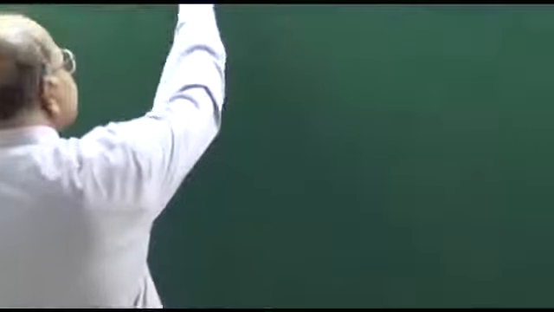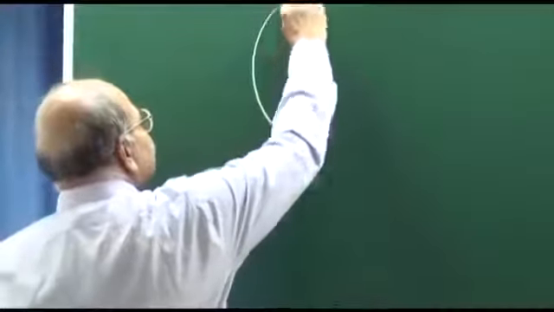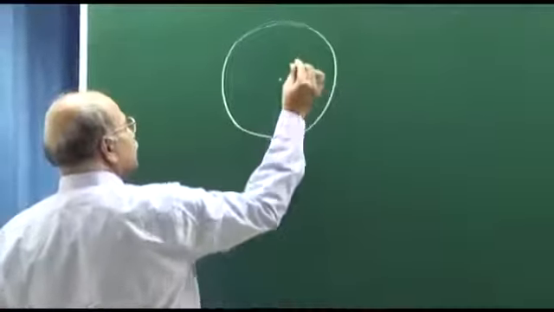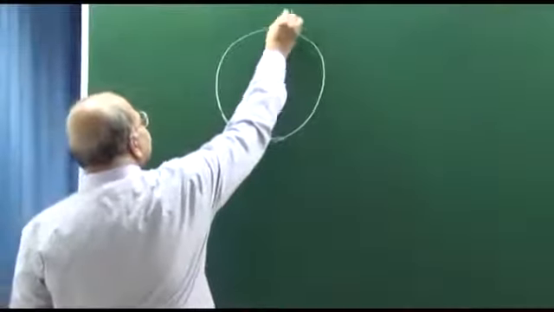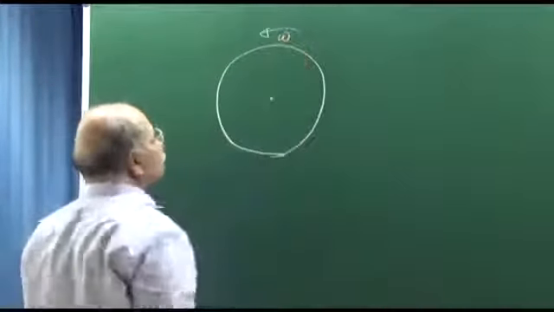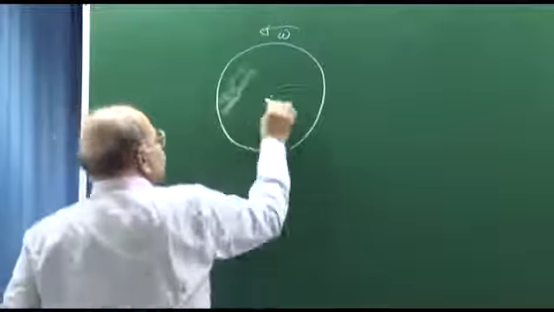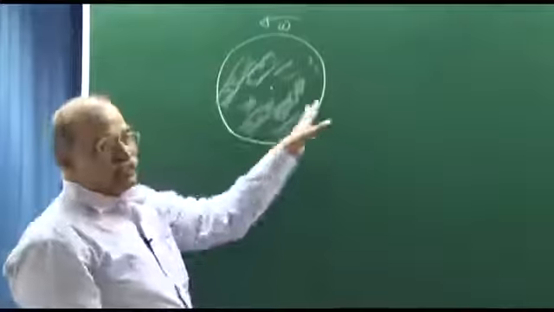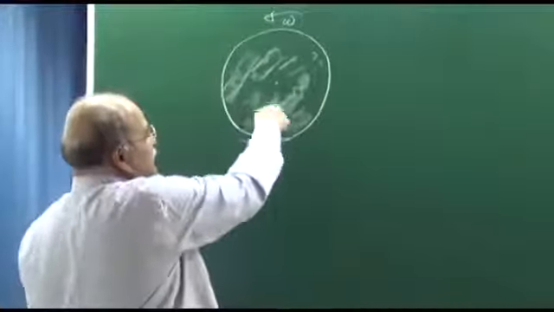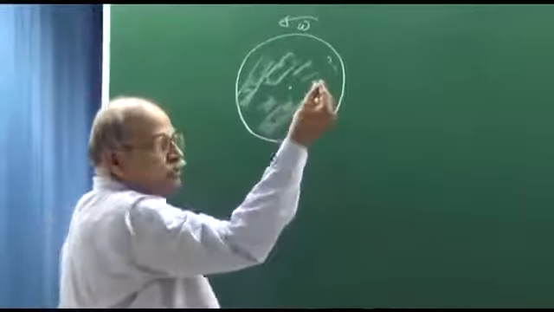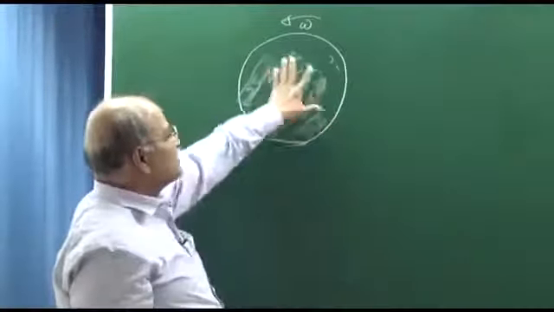So, if I draw the diagram, let us say this is that disc, and here is the axis of rotation of this disc, and it is going with some angular velocity omega. So, this whole disc is rotating in the lab frame. If it is going in anti-clockwise sense, this angular velocity vector is coming towards us perpendicular to this plane.